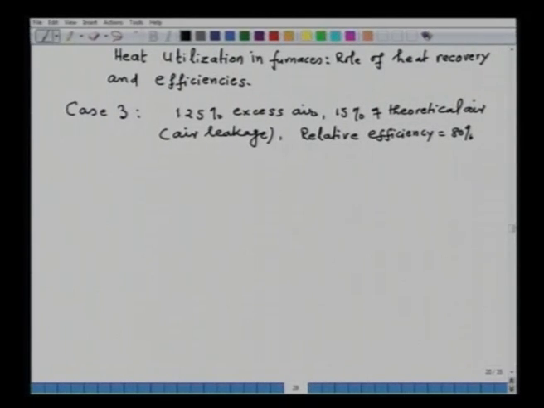Now, here I must tell you something. Since we have increased the amount of air, previously it was 110%, now we increase it to 125%.